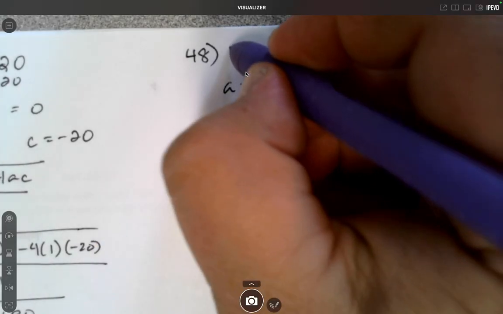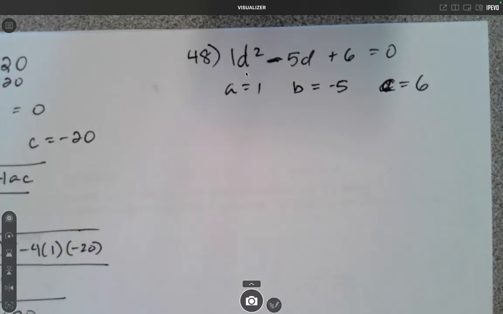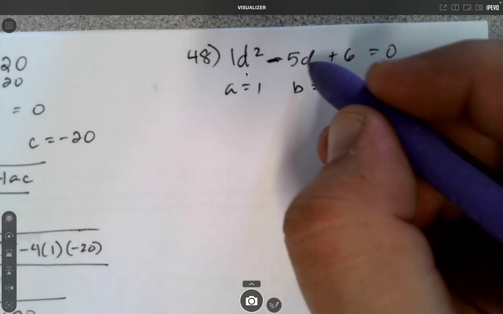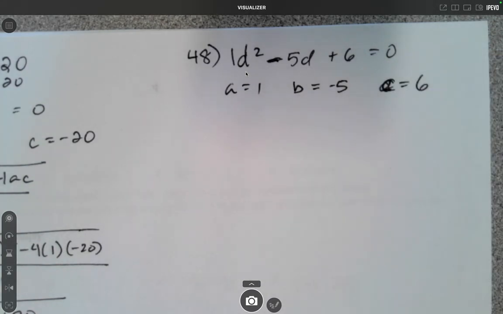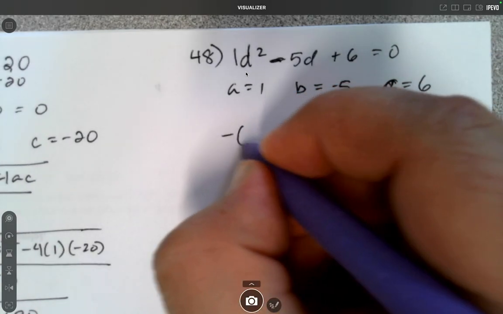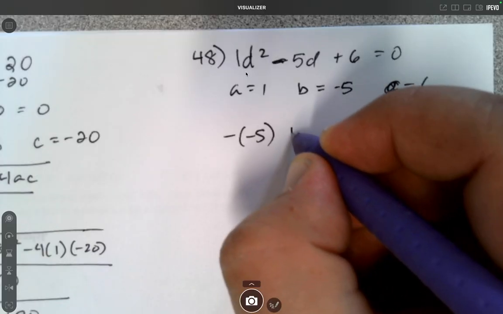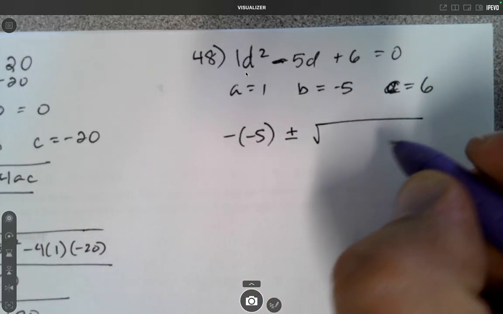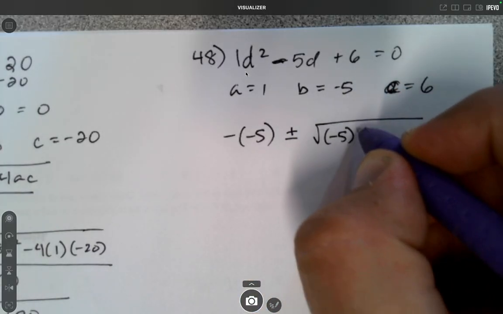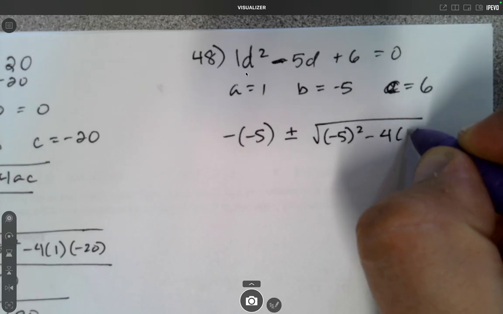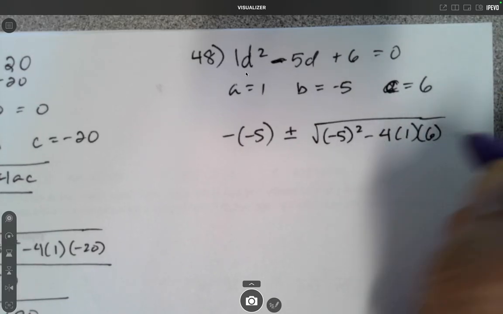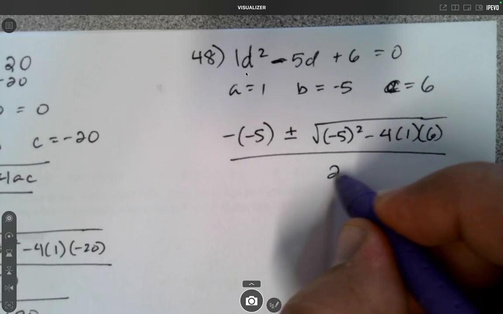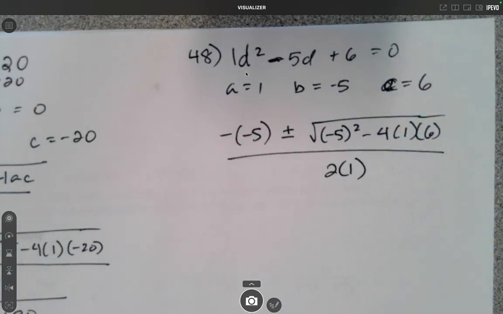So A is the understood 1 in front of the D squared, our B is the negative 5 in front of D, and our C is the constant 6. So negative B plus or minus the square root of B squared minus 4AC all over 2 times A.